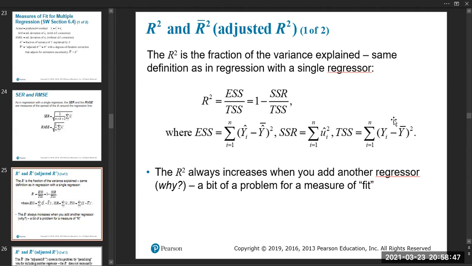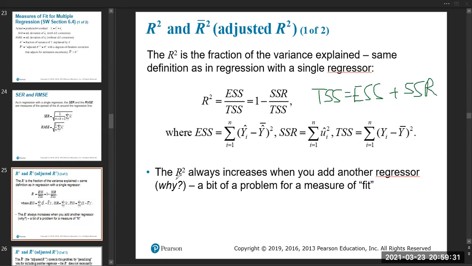E is explained, T is total, R is residual. So there are three different parts. TSS equals ESS plus SSR. I think I've mentioned this before. So total SS equals the explained part plus the residual part, which is the unexplained part, right?